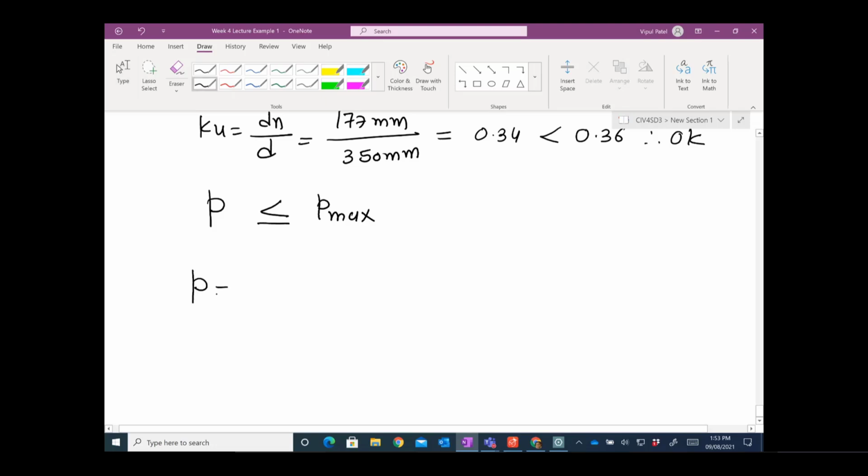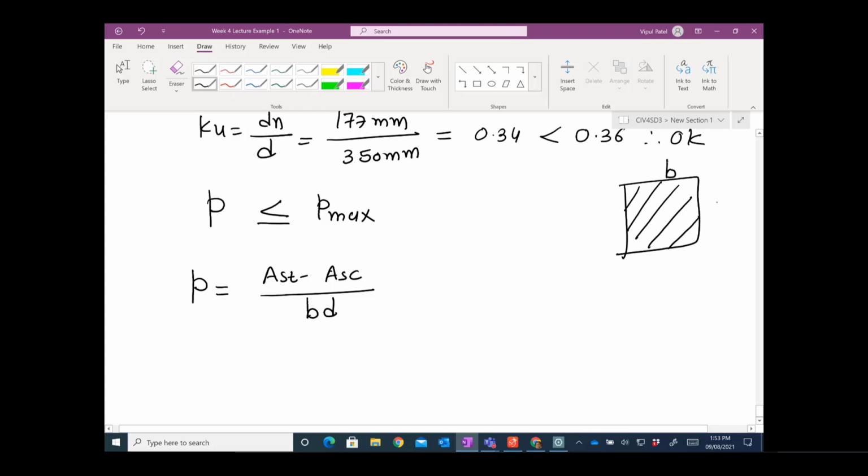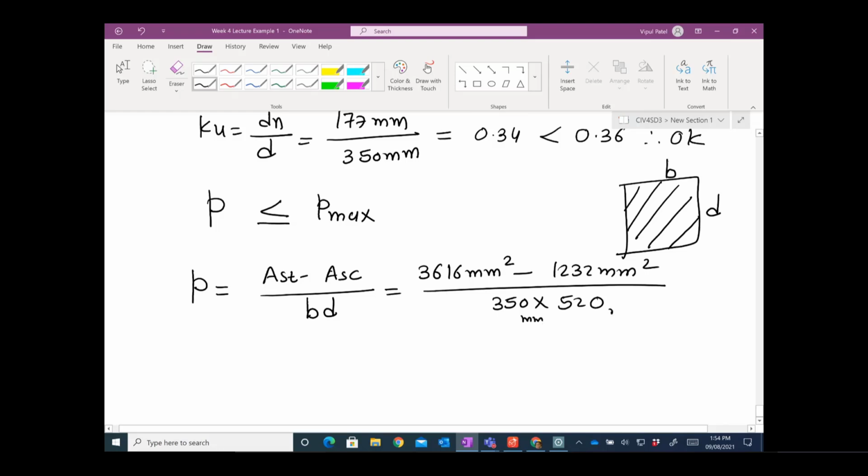You take the area of the tension steel, take away the area of the compression steel, over the total area, which is B and D. We calculated this area before, take away 1232 millimeter square, over 350 times 520 millimeters.